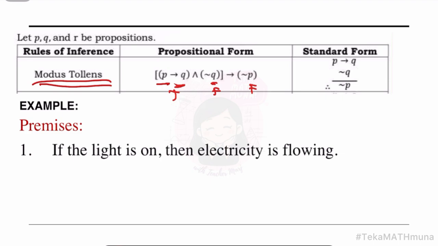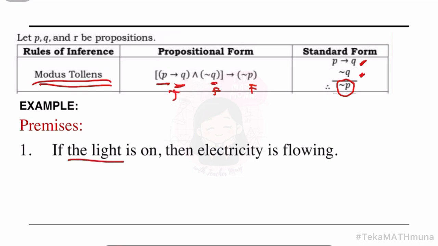Symbolically, P implies Q and not Q, then not P. Example, if the light is on, then electricity is flowing.